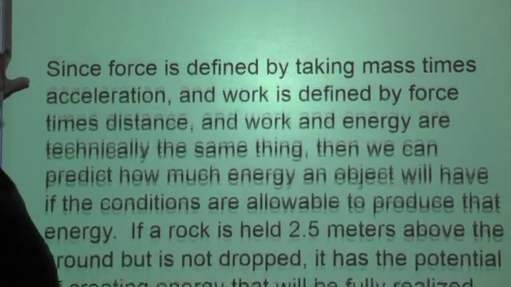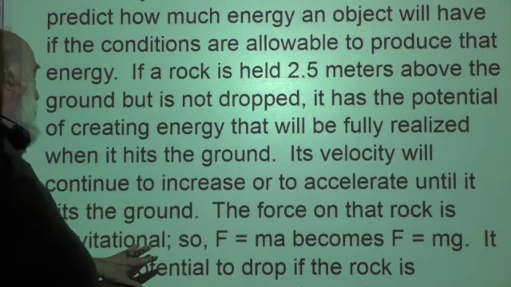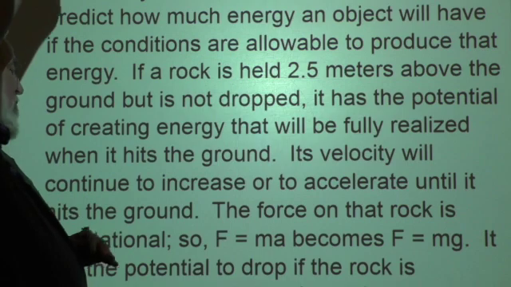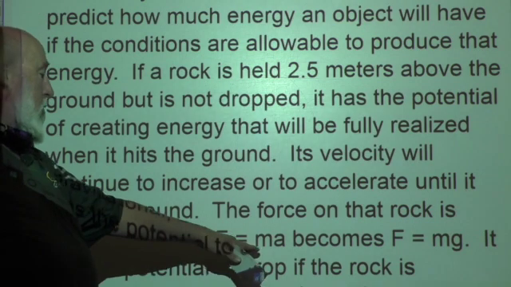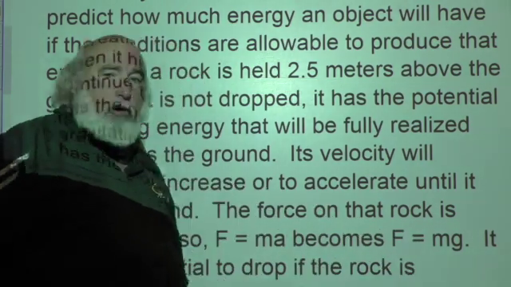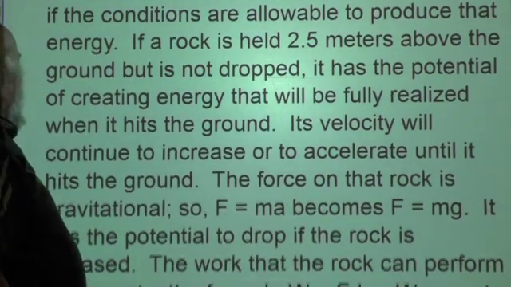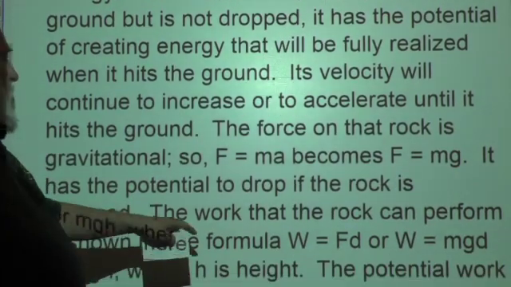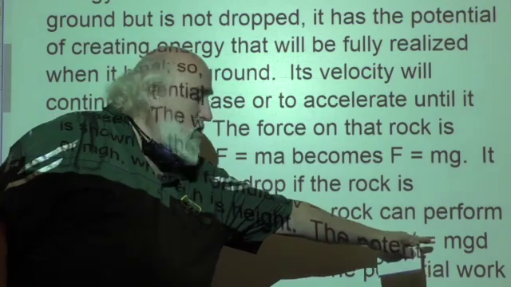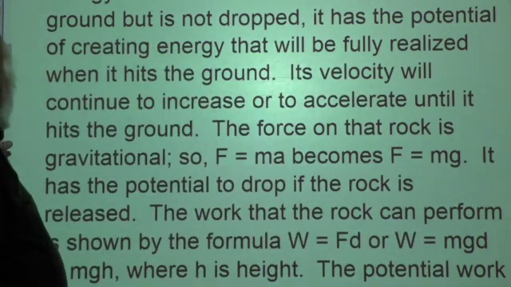Okay, so we're looking at then the force of that rock, which is now gravitational. The force, which is mass times acceleration by definition, now becomes mass times gravitational acceleration. And since work is defined as force times distance, that means work is equal to force, which is, in this case, mass times gravitational acceleration times the distance.